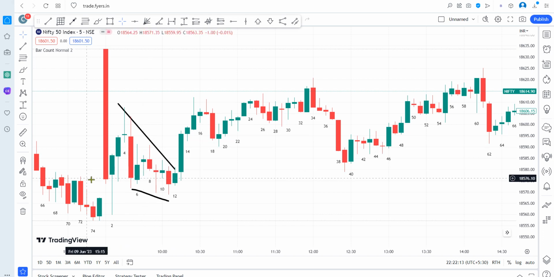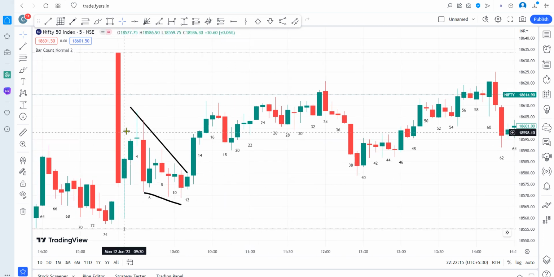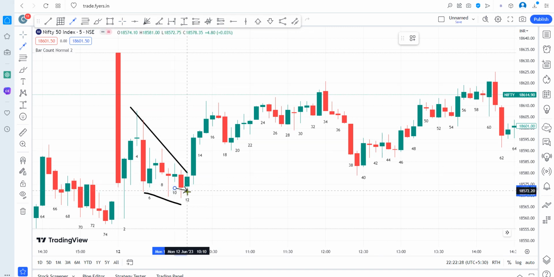Okay, so what you can do is trade for a failed breakout, which is normally on the opposite side of the trade. After seeing this green candle, those who sold here are in loss. If I traded it, I would exit here and go long. This is a wedge pattern.